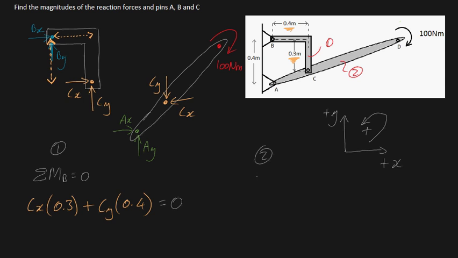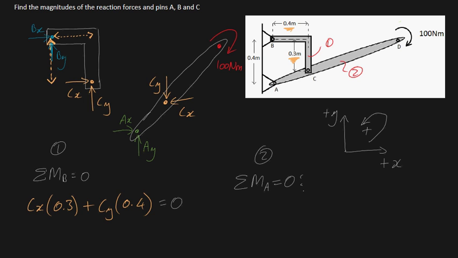I should mention that we could have done the sum of forces in x and y here, but for simplicity's sake, I'm just going to focus on our second diagram and worry about the sum of forces later. So let's do the sum of moments around point A in our second diagram, which is going to be equal to 0.